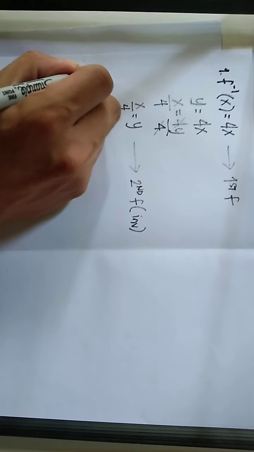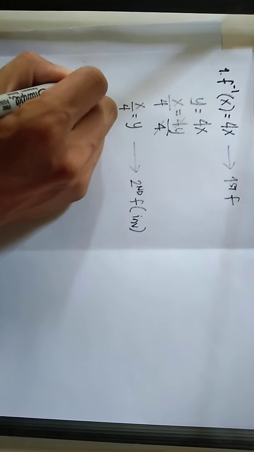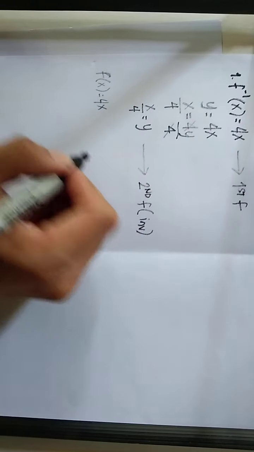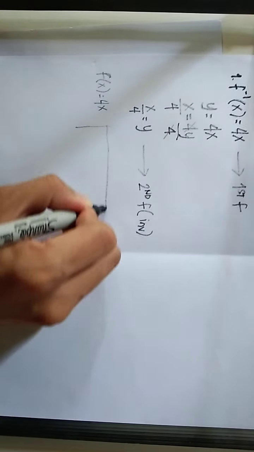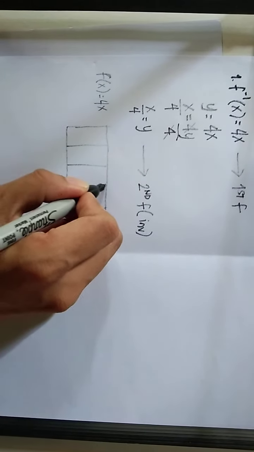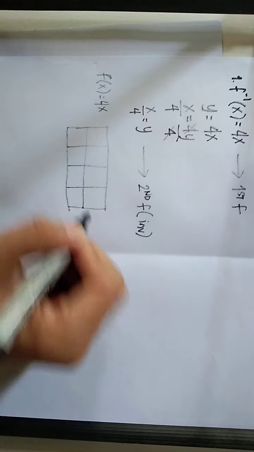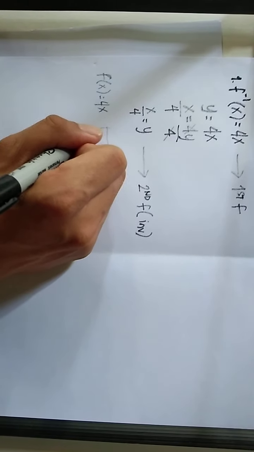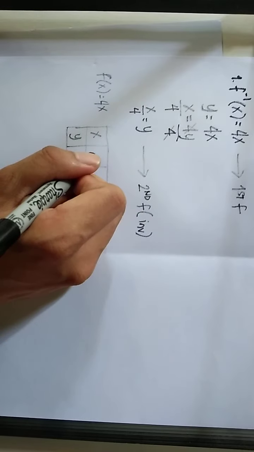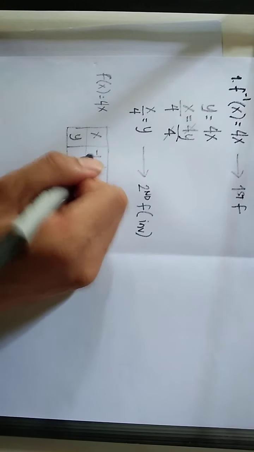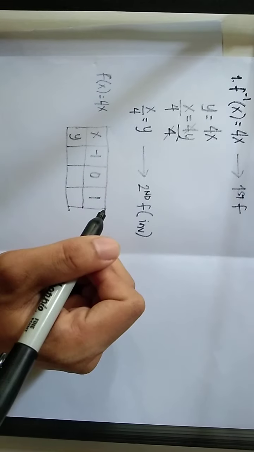So, since meron tayong 4x, f of x is equal to 4x, gawa tayo ng table natin. Kuha lang tayo muna ng 3 points para mas mabilis. So, we have x natin and we have our y. So, ating x na gagamitin for this example is negative 1, 0, and 1.